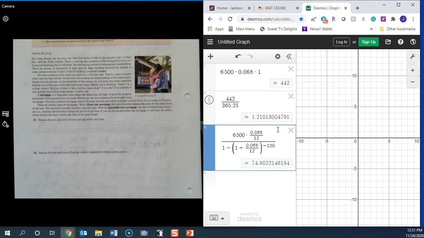Okay, now 15. It says, discuss the pros and cons of fixed and adjustable rate mortgages. All right, now I want to talk to you all slightly about that because there are a lot of pros and cons of the fixed and the adjustable rate mortgage. So I'm just going to do one pro and one con for each.